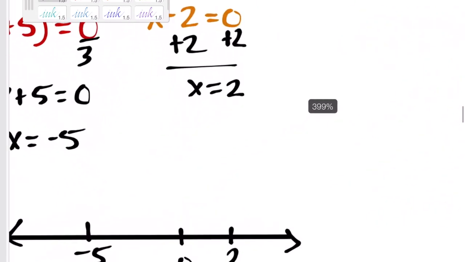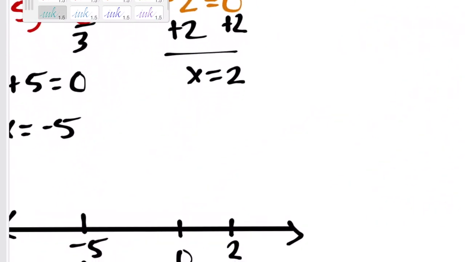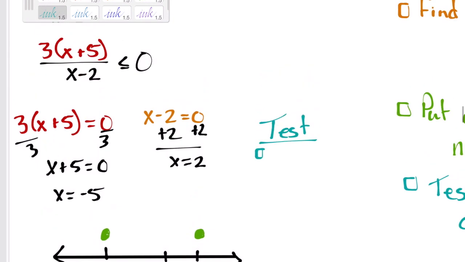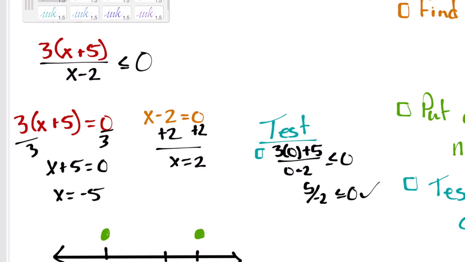This was an or equal to to begin with, so I'm going to have this closed in. And then I got to test it. See where to throw my shade. So it would end up with 5 over negative 2, which is less than or equal to 0, so that one works out. I'm throwing some shade in the middle.